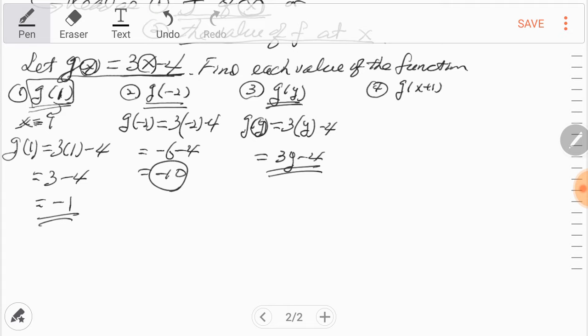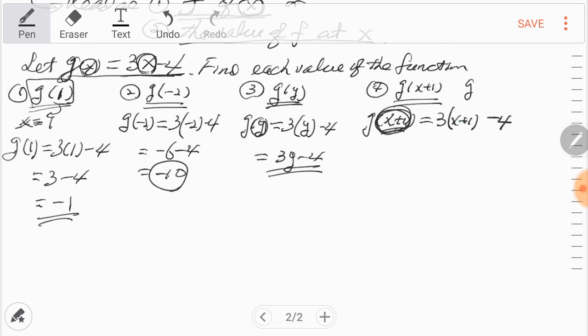Okay, how about number 4? The same thing. The input this time is x plus 1. So we have to substitute this input, x plus 1, for x in the original function. So x will be replaced by this input, x plus 1, and then minus 4.